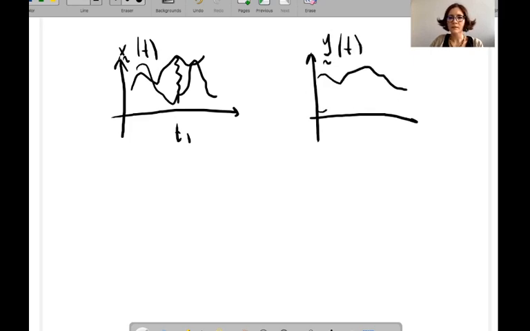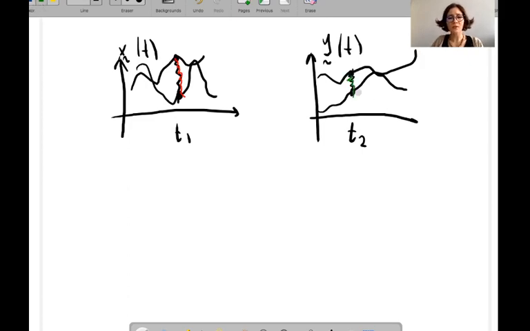Here's a realization, here's another realization. You look at this random process at some time instant t2. So the first one is a random variable, the second one is a random variable. Let's denote this one with red color and the other one with green color.